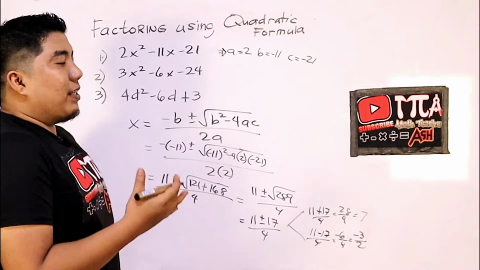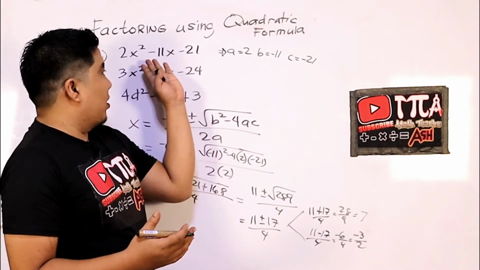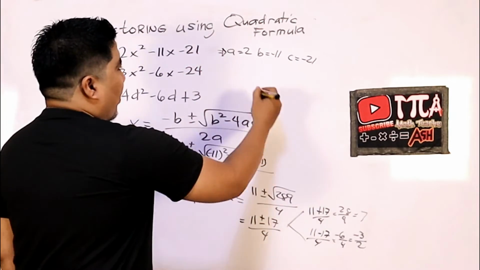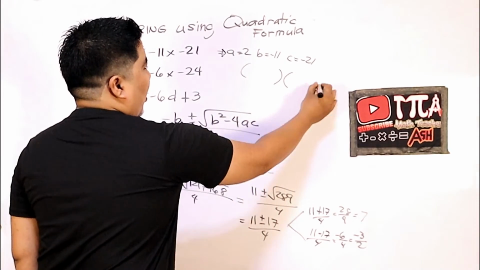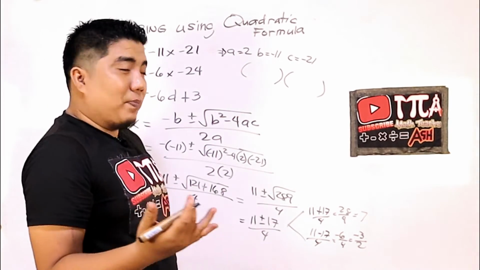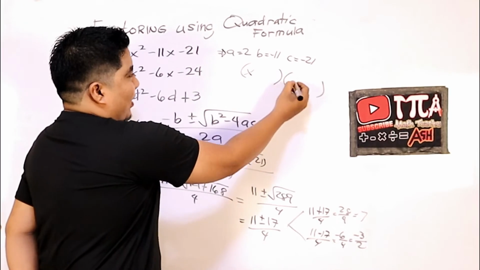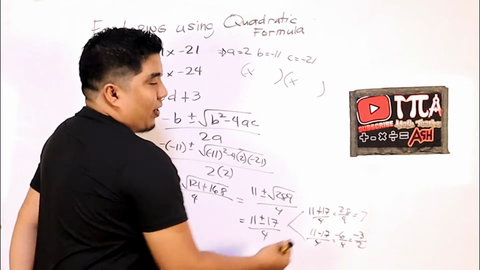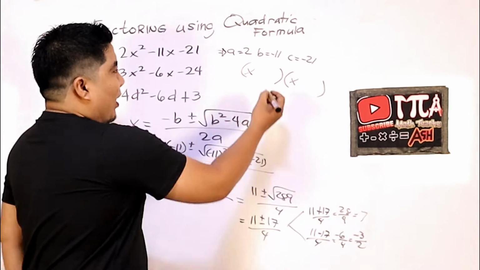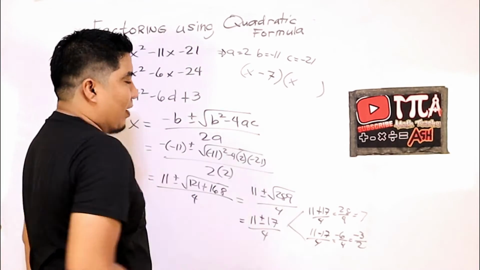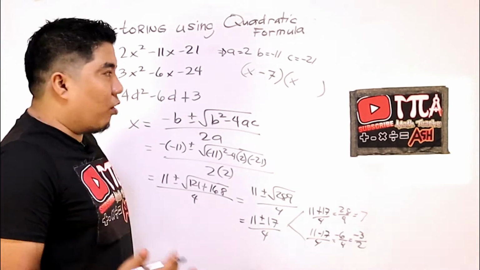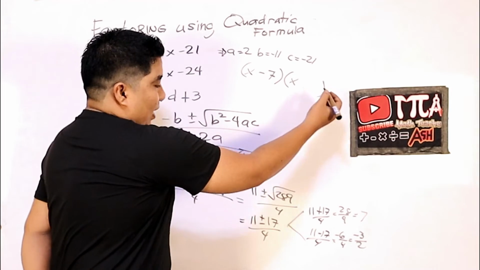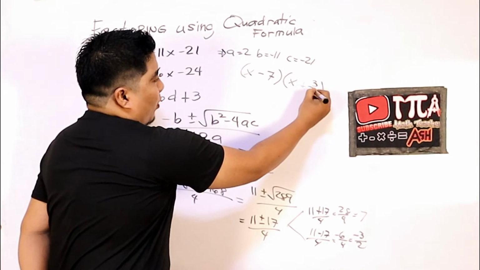Now, having these two roots for our x, we will be constructing our given factors, and that is x and x. Since this is 7, we will transpose that one, and that will give us negative 7. Since that is negative 3 over 2, that is basically positive 3 over 2.